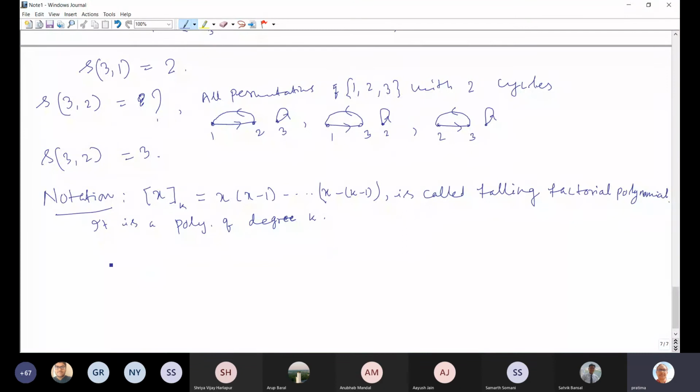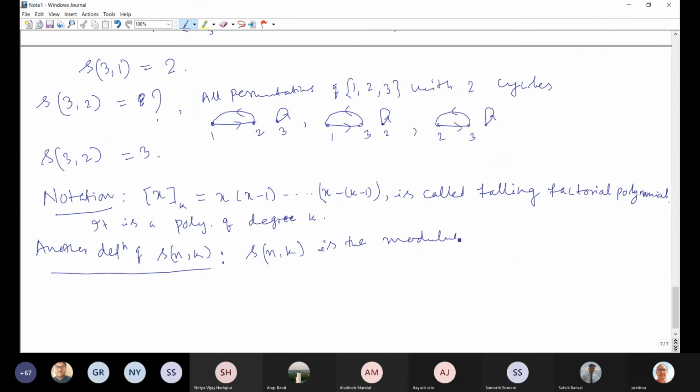So you understand this, and another definition of the Stirling number of the first kind is this: S(n,k) is the modulus of the coefficient of x to the power k in this falling factorial polynomial.